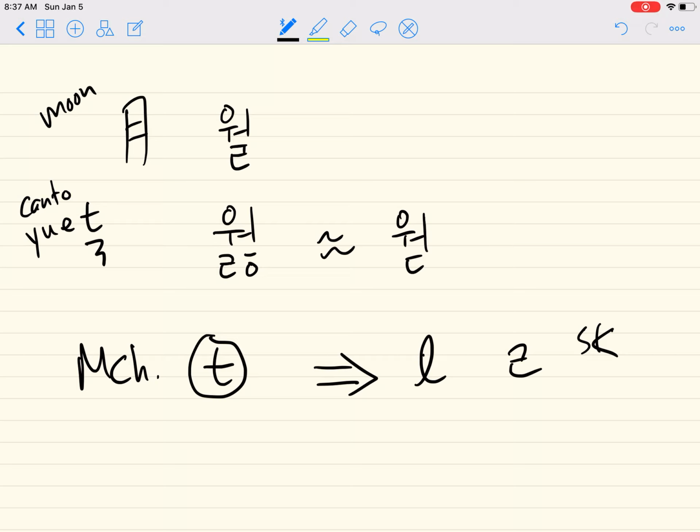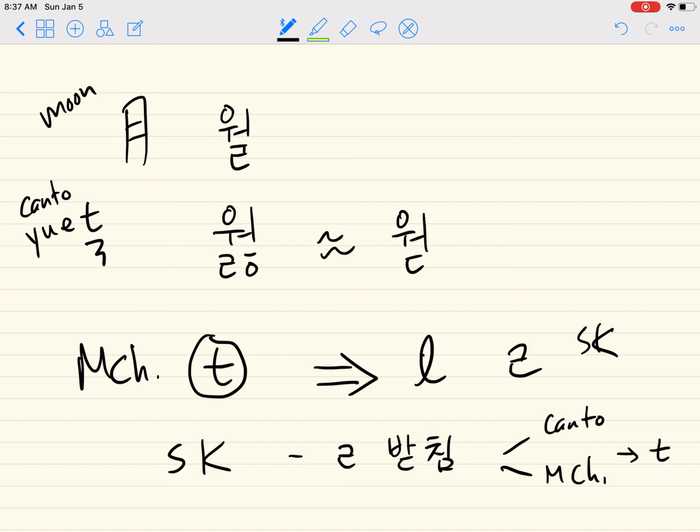And so yeah, that's one of those things of just language preferences, and that's kind of recorded. And so if you are learning a Sino-Korean word and there is a Ryul 받침 in Cantonese or in Middle Chinese, it would have been a T sound.